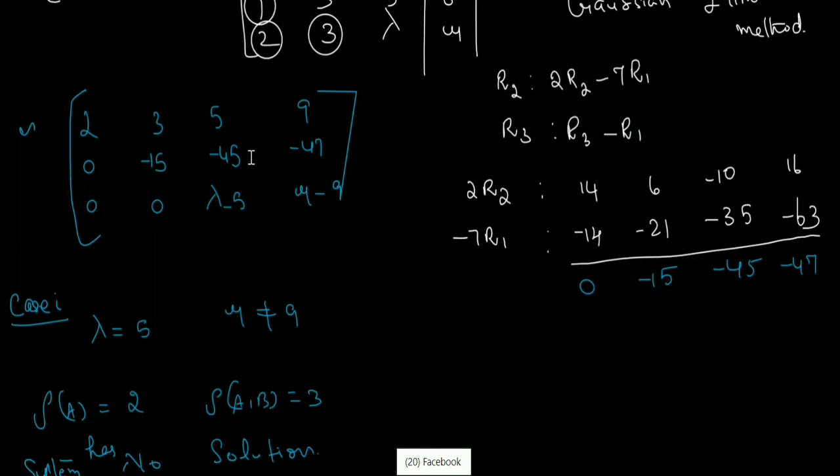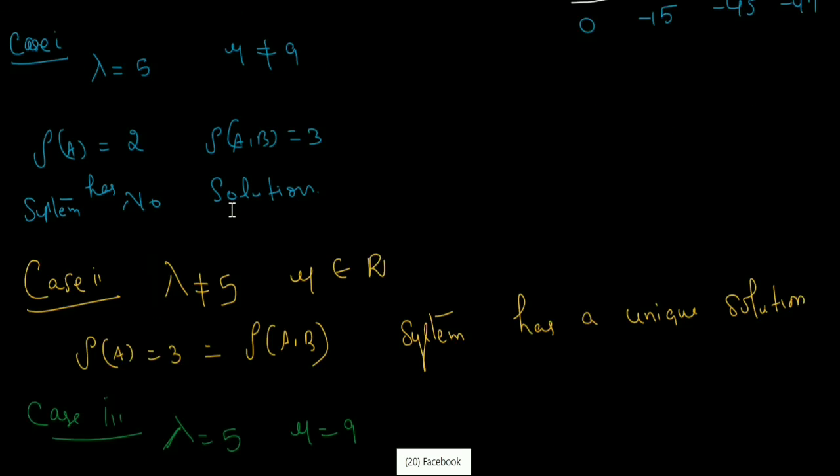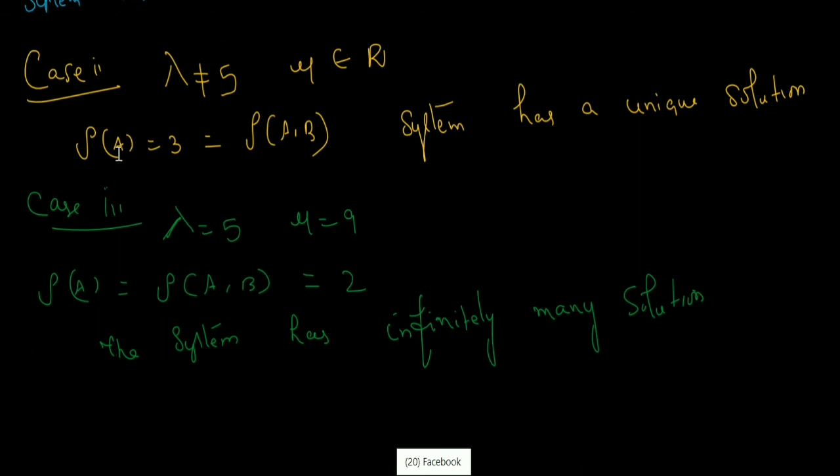Now take the rank of A. Again, this is a non-zero row, this is a non-zero row, this is also a non-zero row because lambda is not equal to 5. So rank of A is also equal to 3. So rank of A is 3, rank of AB is also 3. Therefore, the system has a unique solution.